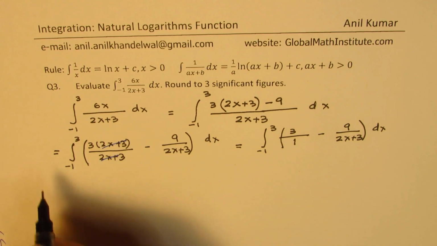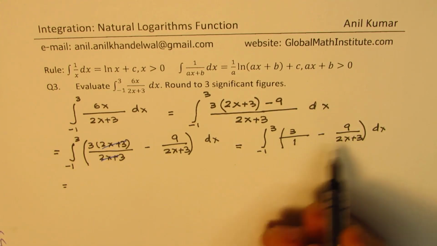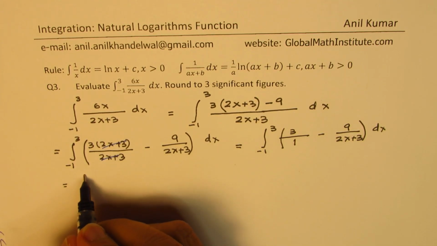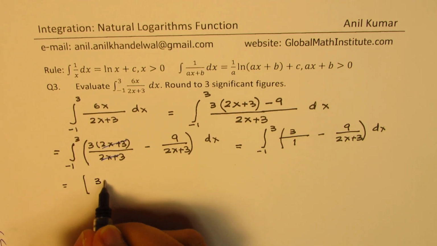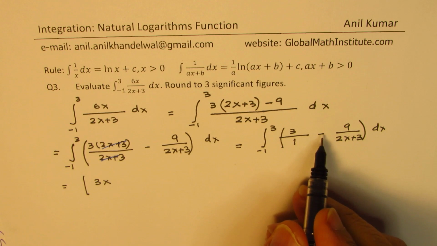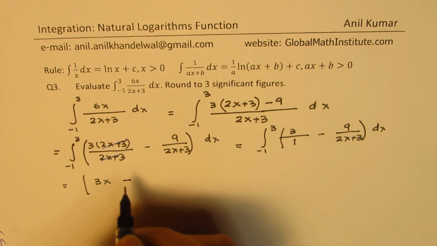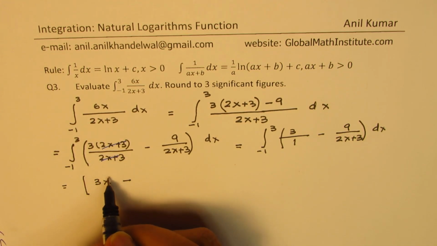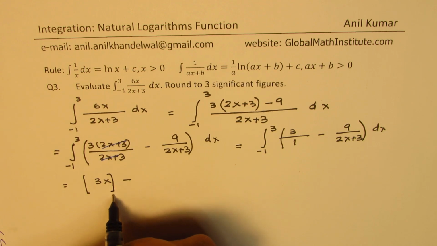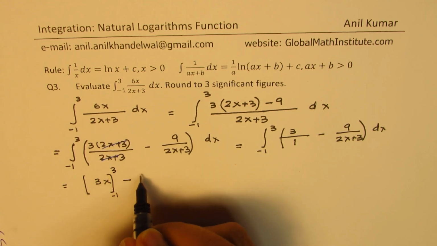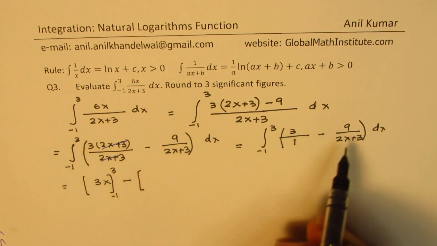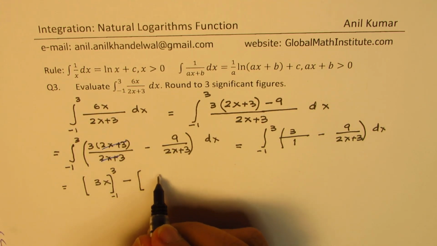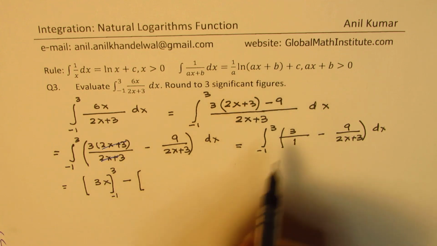Now the integral will be what? The integral of 3 is 3x, and that of minus 9 over 2x plus 3, you could write it separately also. So we could write this as the integral of 3 from minus 1 to 3 and take away the integral of this using the formula 1 over a times this.